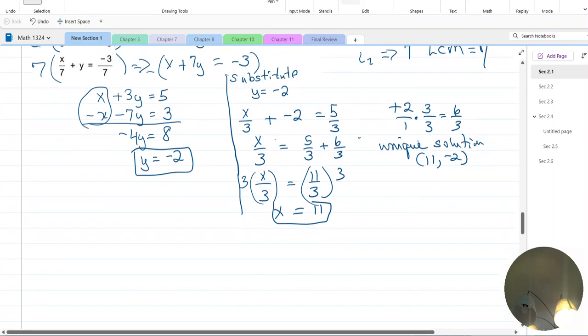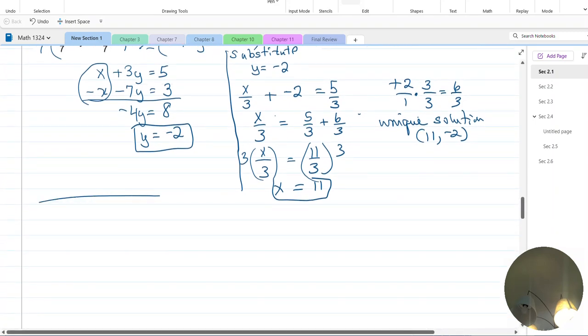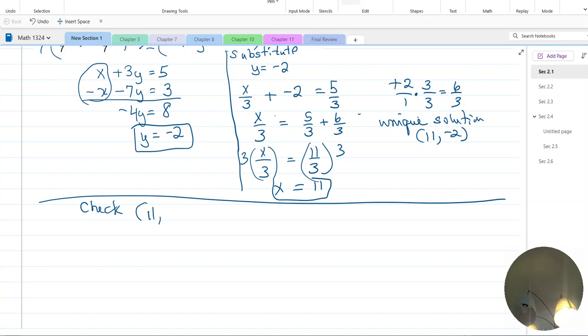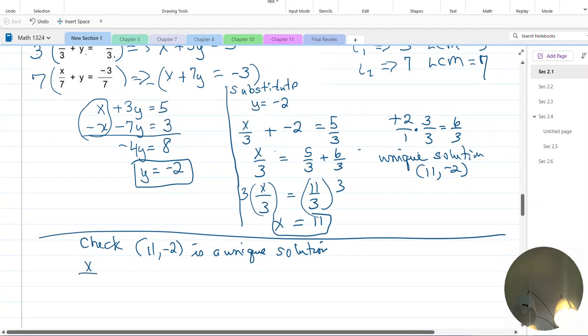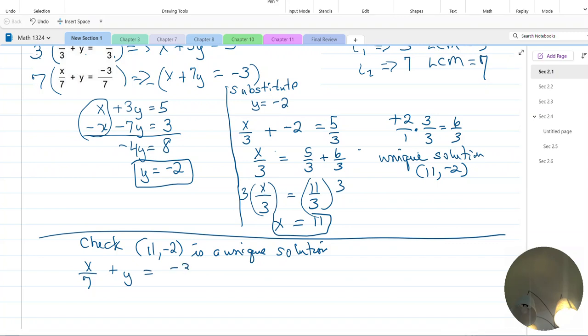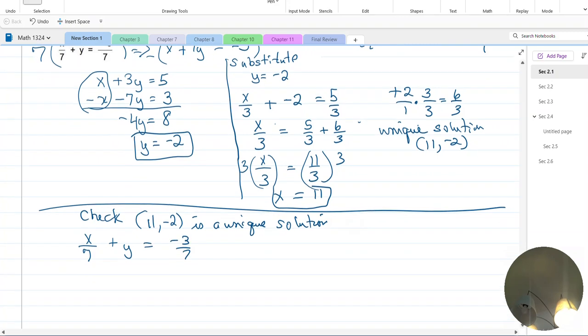And of course, we already know we've got to check it. So we're going to check. To do this, I'm going to use the other one. X over 7 plus y equals a negative 3 over 7. All right.